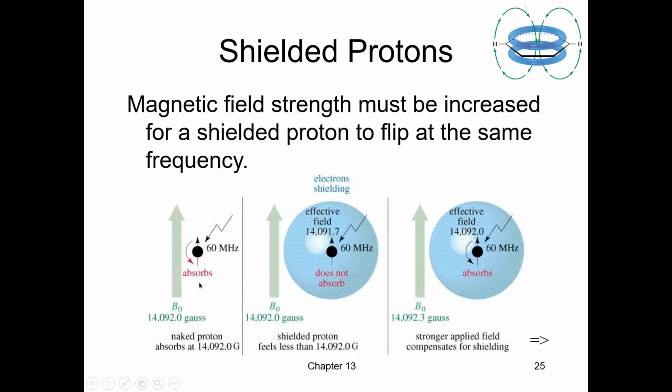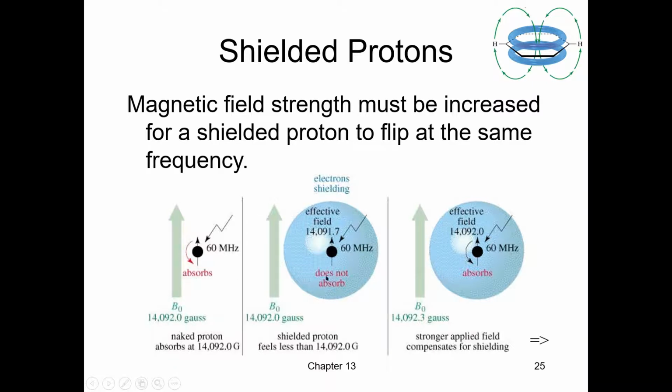When there is a naked proton, meaning no other fields or electrons are present, this proton will flip its spin at the 60 megahertz radio frequency, and the magnetic field experienced will be 14,092 Gauss.